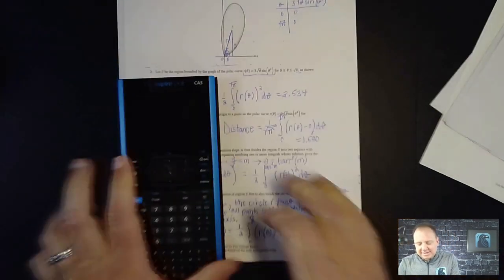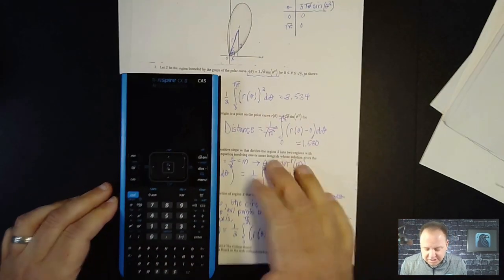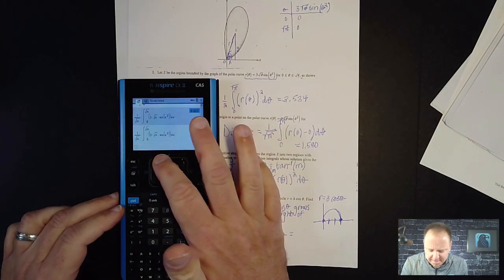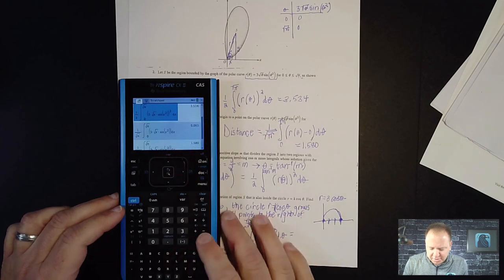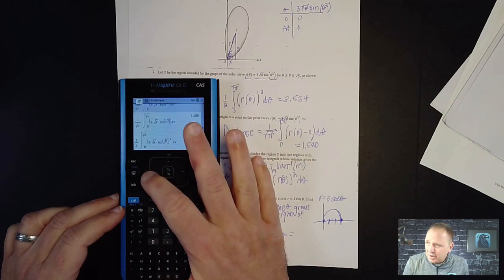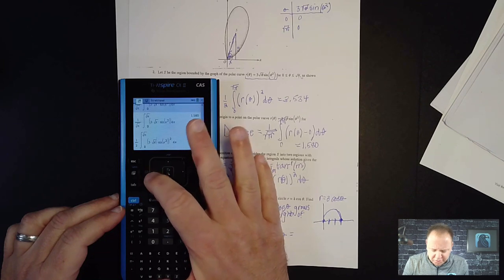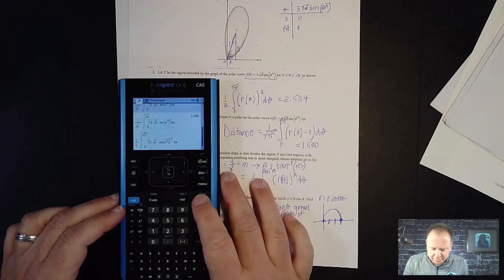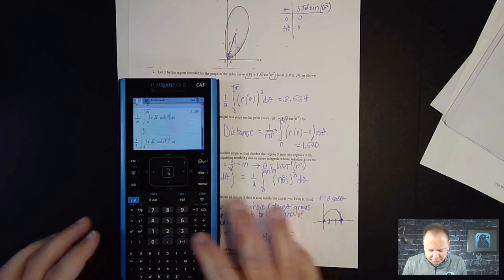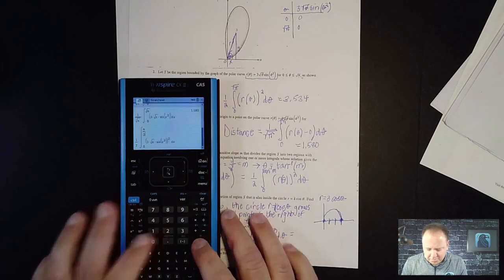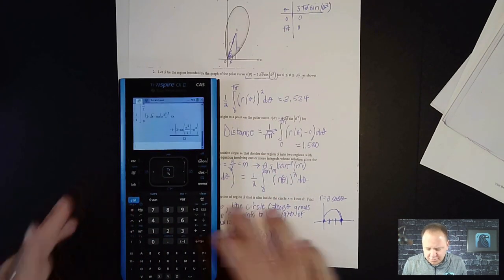Now, I have that somewhere in my calculation. I just need to change my upper limit. So I'm going to grab this, and I just need to change my upper limit to pi over 2. Hit enter, control enter.